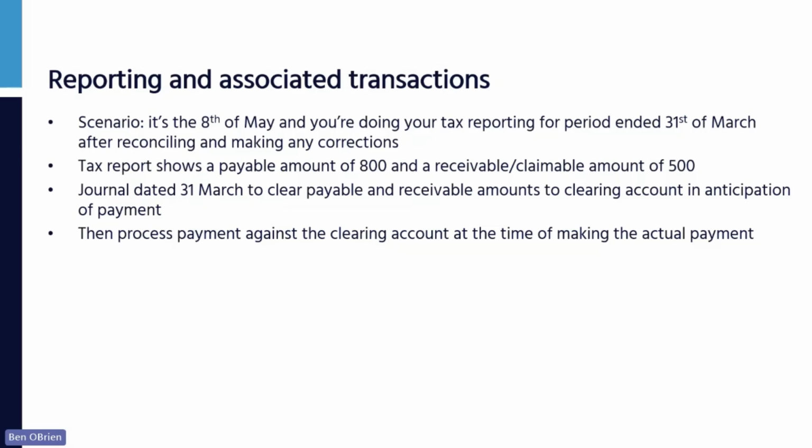This is just a recommendation; I'm not offering accounting advice. It's my personal preference that I would naturally do a journal dated that final day of my tax period and have a clearing account for the amount that I'm going to be paying to the tax authorities, where I transfer from my liability account and also my receivable account the relative amounts that are payable for that particular tax period.